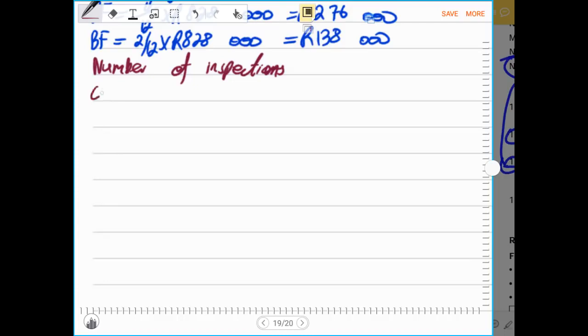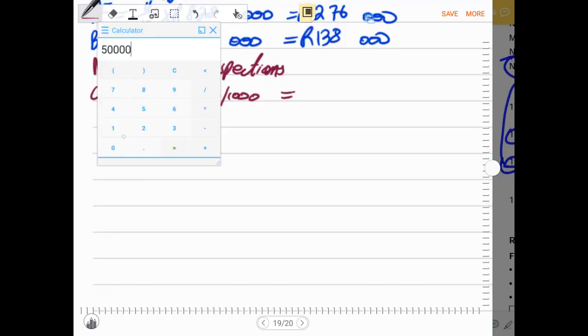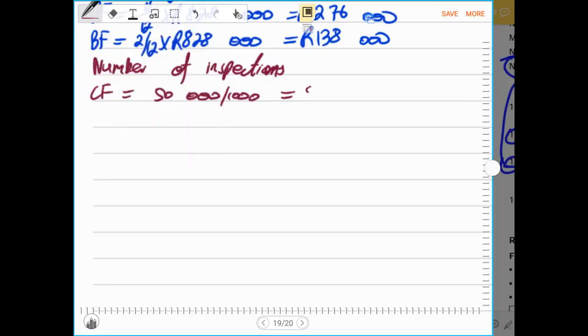For product CF, we know that every 1,000 units we inspect. So 50,000 units that were manufactured, divide by 1,000, will give us 50 times inspection will take place.